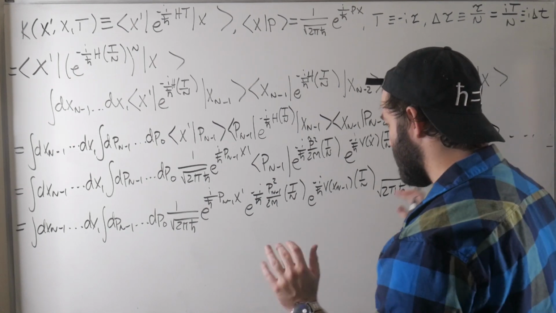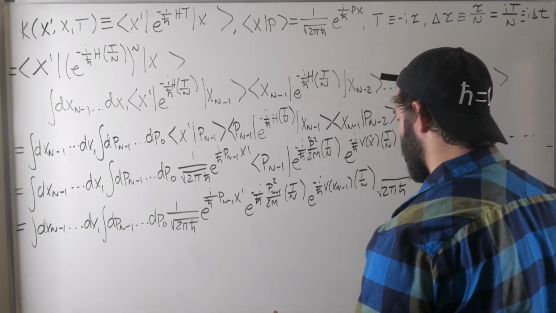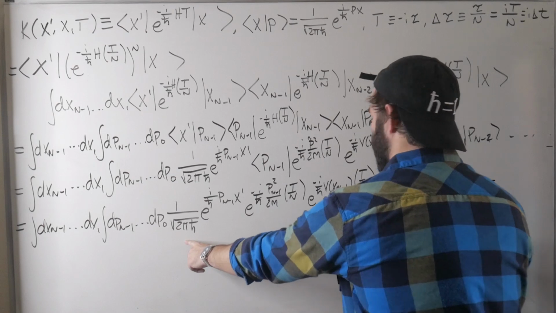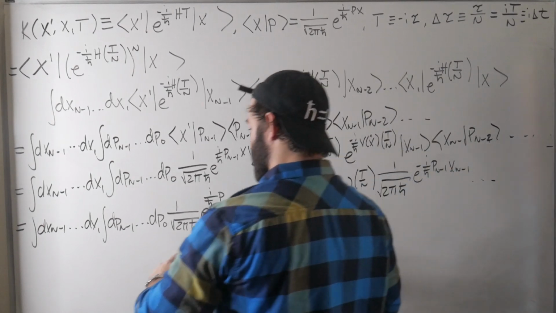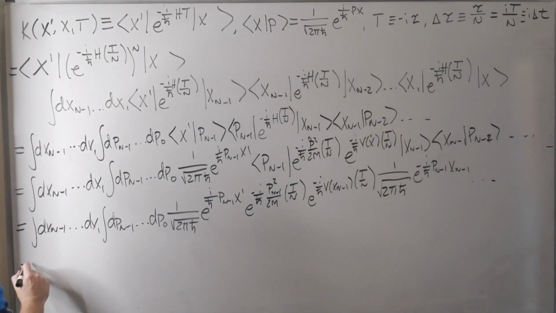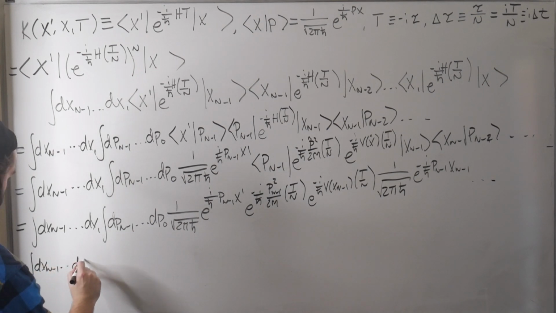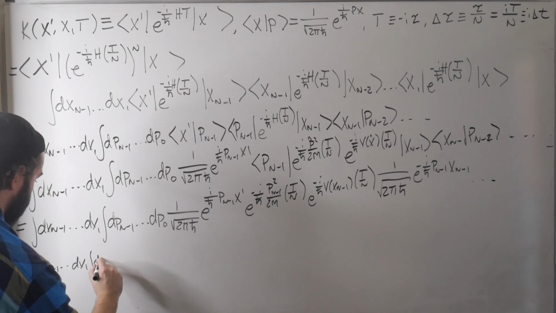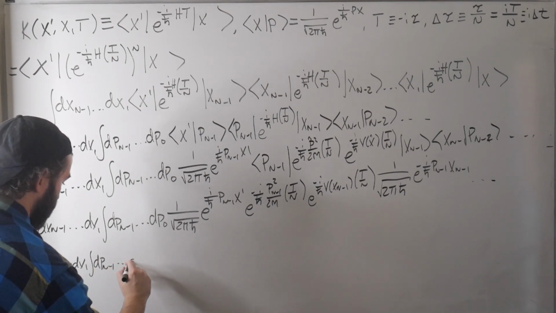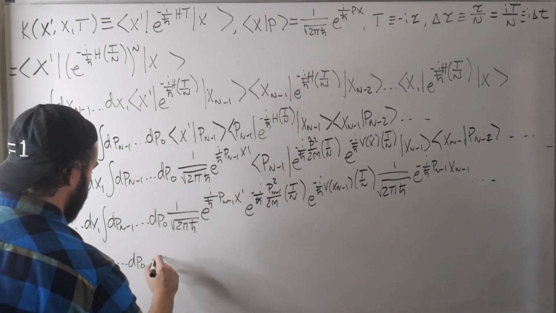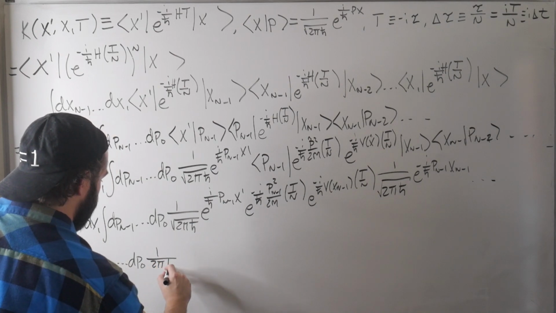Let's do some simplifications. Let's make some stuff settle nicely. We have two of the same factor here. Let's go ahead and simplify. This is equal to dx n minus 1 dot dot dot dx1, dp n minus 1 dot dot dot dp0, 1 over 2 pi h bar.